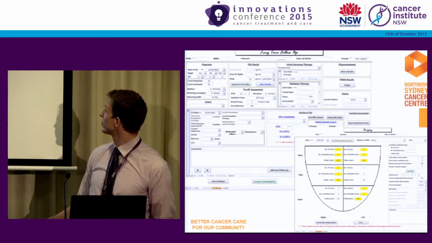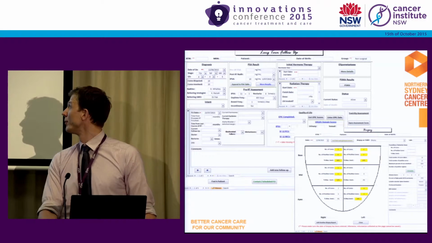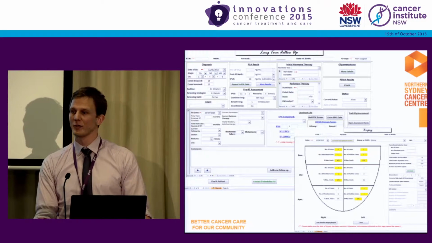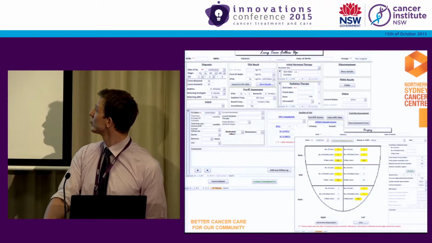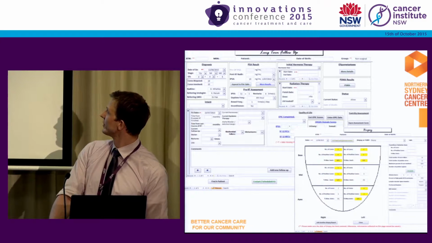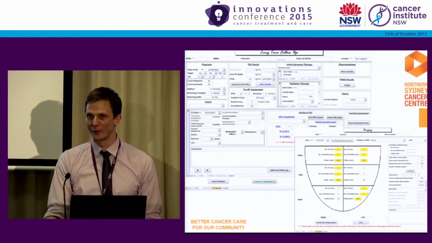The screenshot on the bottom shows the biopsy form, where we collect information such as core positivity by prostate region, and the different regions are represented in this prostate-shaped form there.